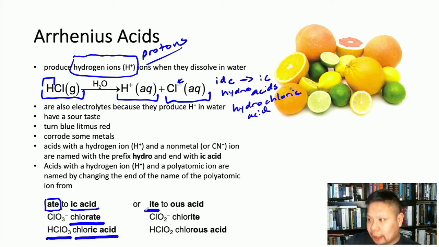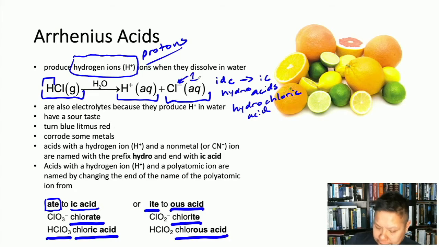If it's a polyatomic ion that ends in "ite", it becomes an us acid. So the chlorite ion becomes chlorous acid. Again, no hydro because these are polyatomics. You only add the hydro when it's just a singular anion.